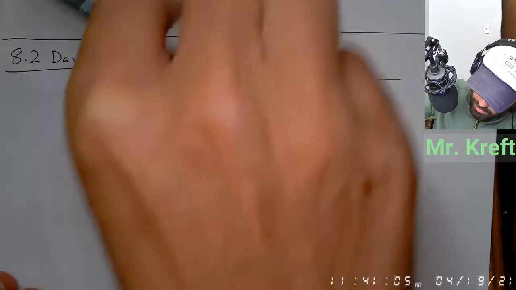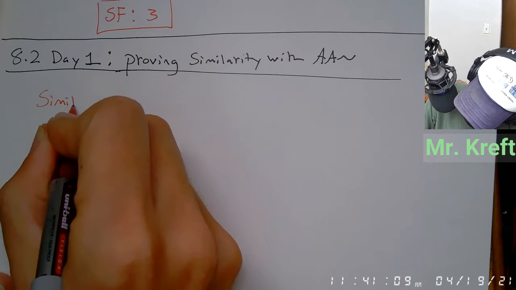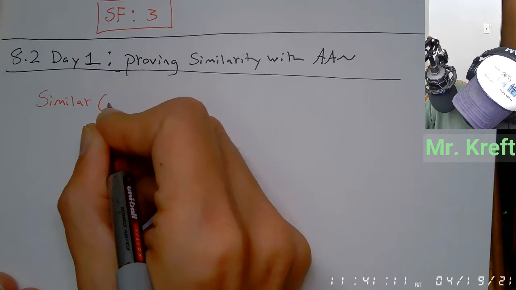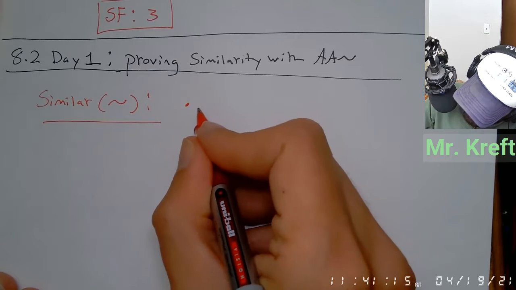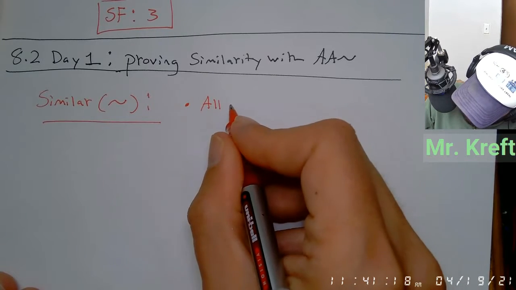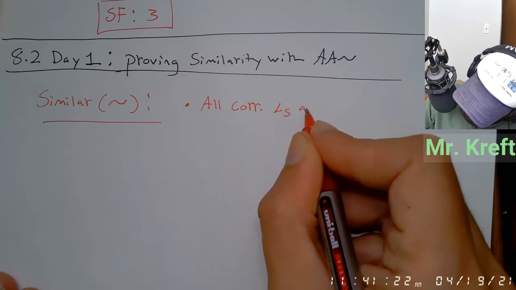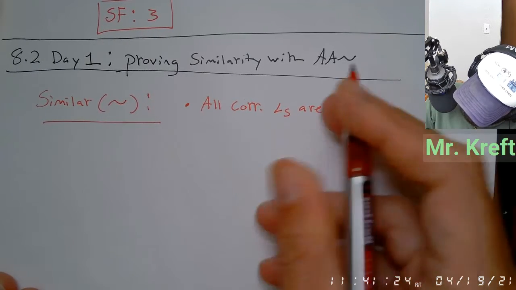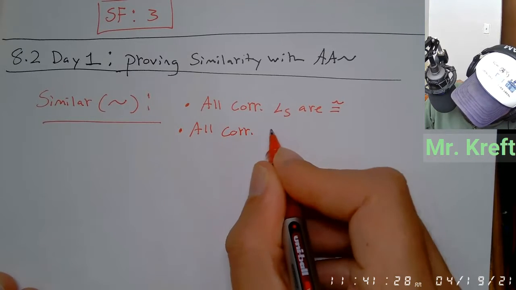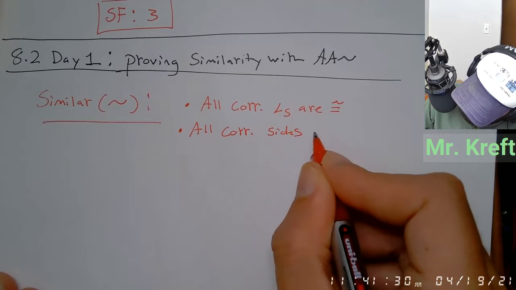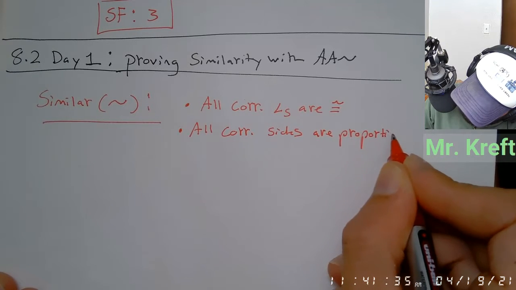Let's review what similar means. Similar, which is this tilde symbol, means all corresponding angles are congruent, and all corresponding sides are proportional.